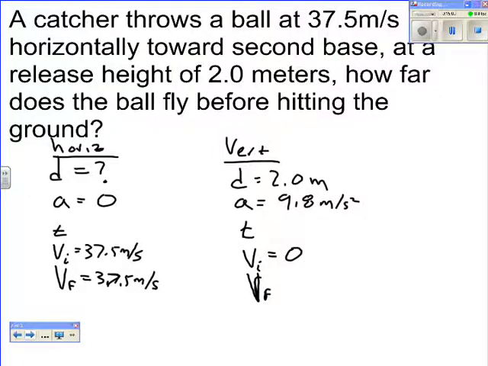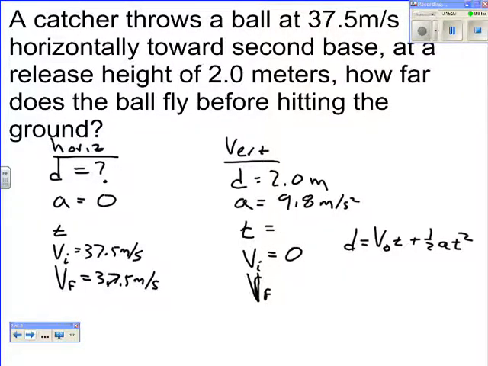So vertical determines time. So let's look at our vertical. Do we have enough information here that I can figure out vertical time? Yes. What equation would relate these top four things? That one right there: d equals v0 times the time plus 1/2 a t squared.